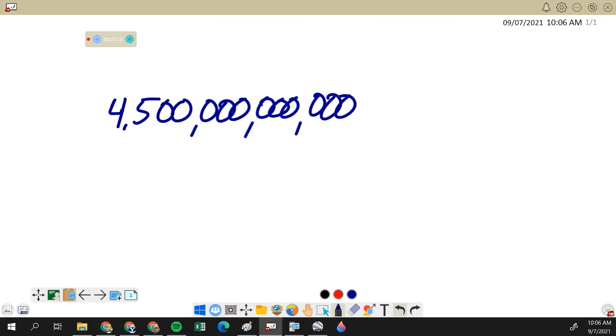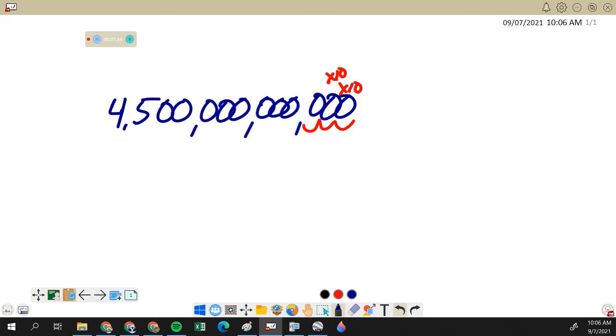It's a much more concise way to write large numbers. How do we do it? Well, every one of these is a multiple of 10, right? Every decimal point is based on multiplying by 10.